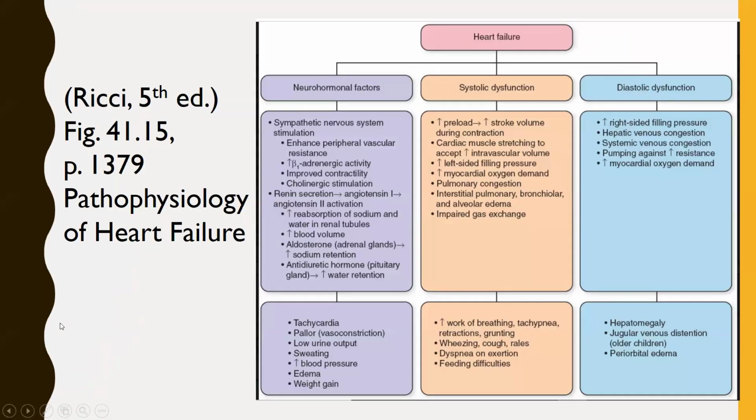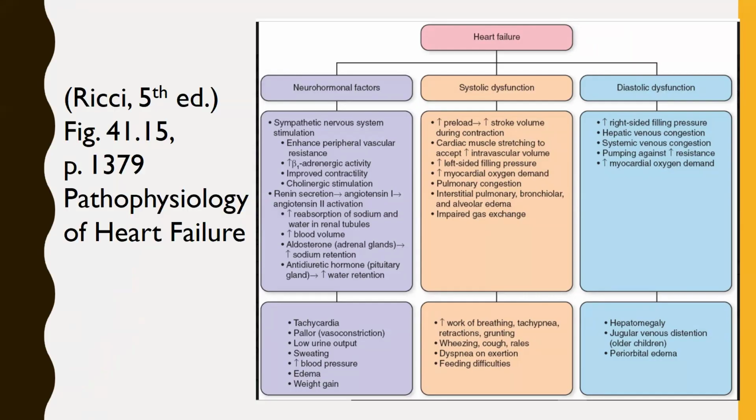Now, let's flip over to heart failure. This is figure 41.15 in your book, and it's the pathophysiology of heart failure. So with heart failure, you've got neurohormonal factors, systolic dysfunction, and diastolic dysfunction.